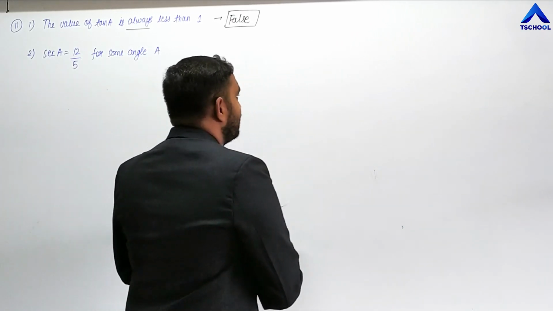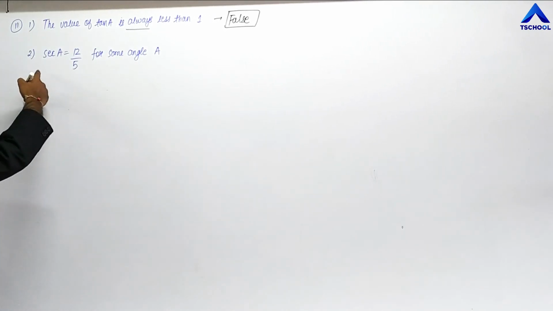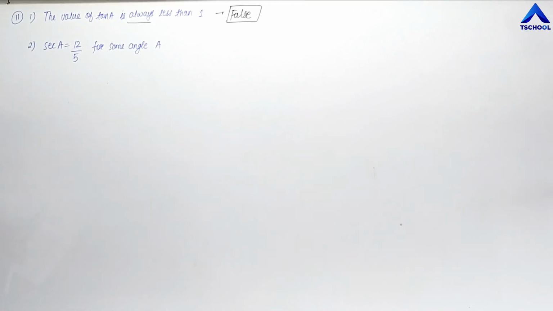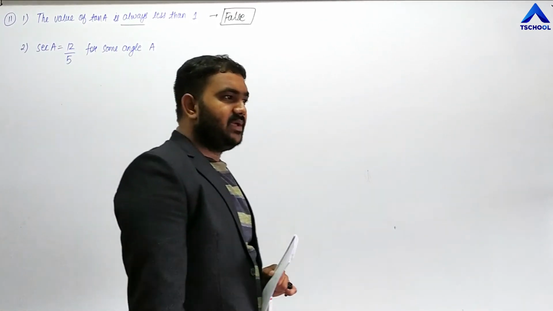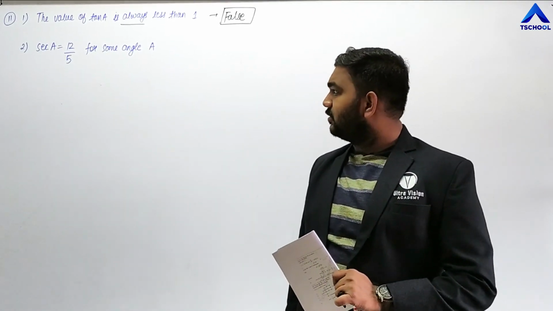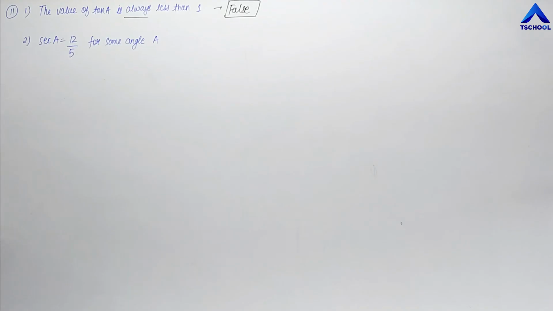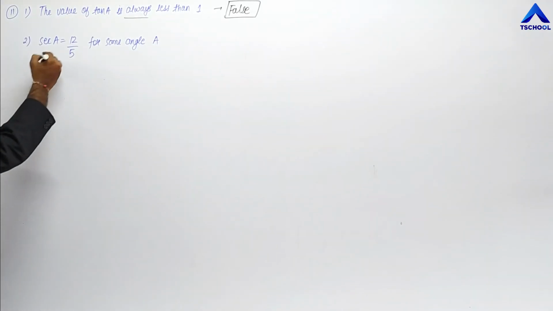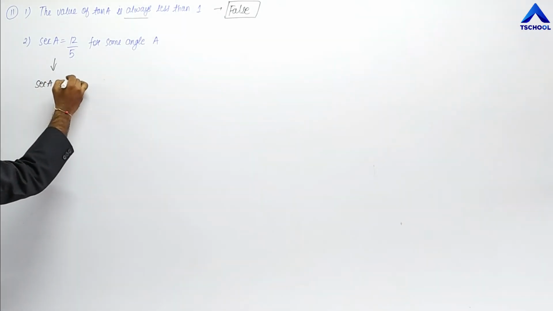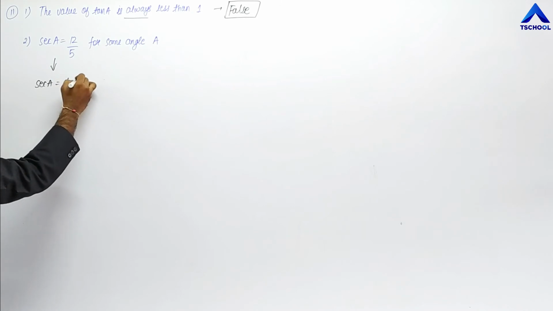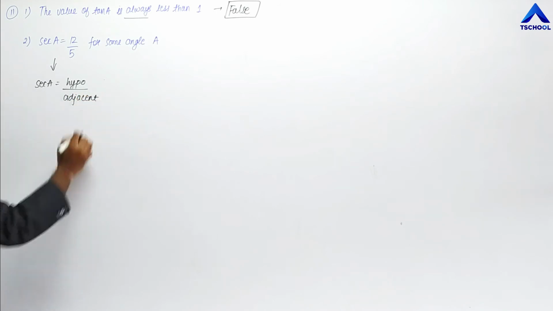So we have seen the previously solved question that whenever we have 12 upon 5, at that time will this 12 be the side and will this 5 be the hypotenuse? No. Will this 12 be the hypotenuse and 5 be the side? No, it is not possible because the ratio for sec A, that is hypotenuse divided by the adjacent side.